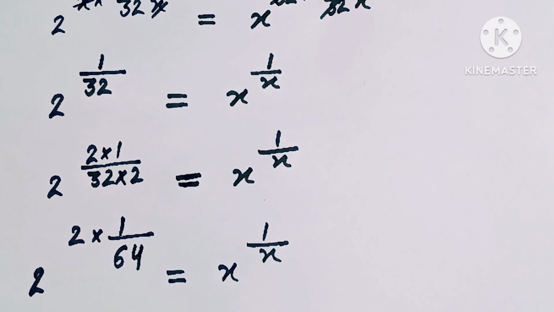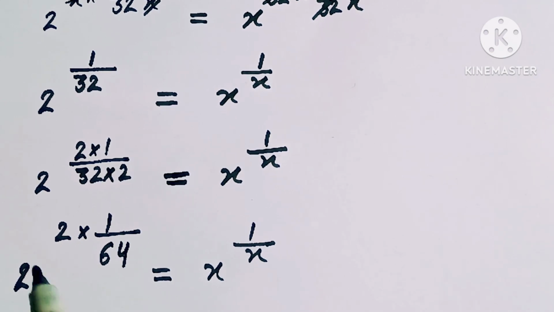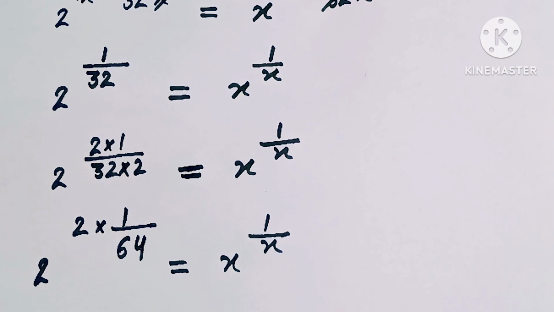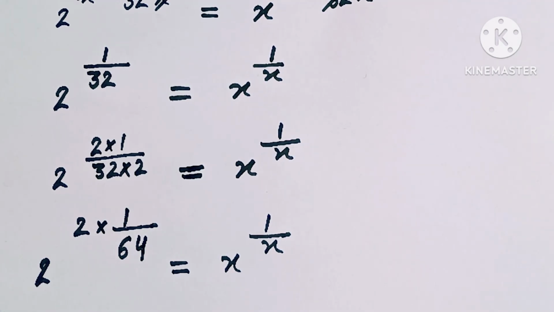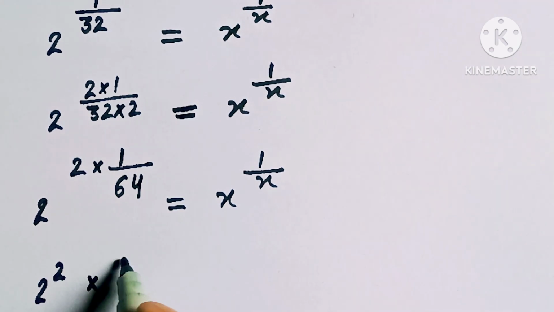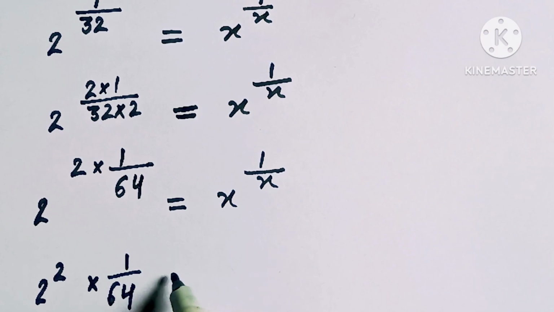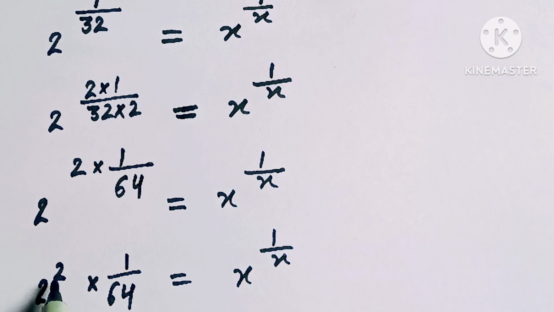But before simplifying, we have to focus over here. This value is going to give us 2 to the power 2, and here 1 by 64, and x to the power 1 by x. So this one is the base, and 1 by 64 is a power over here.